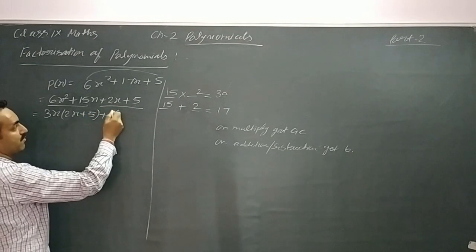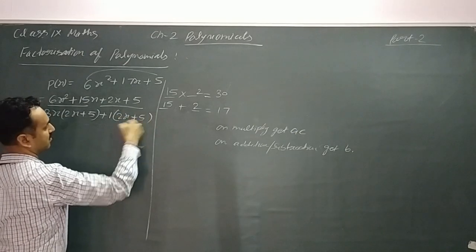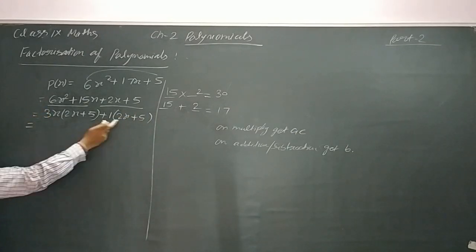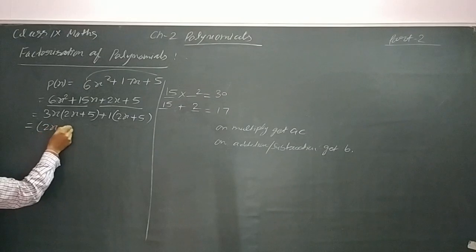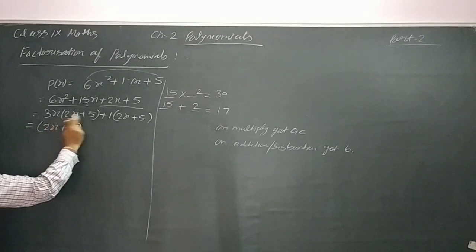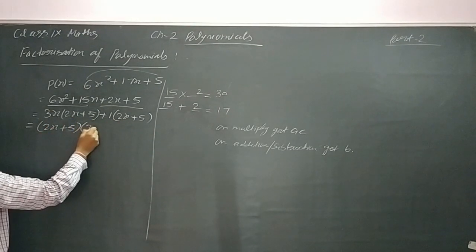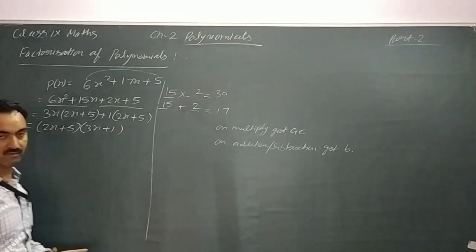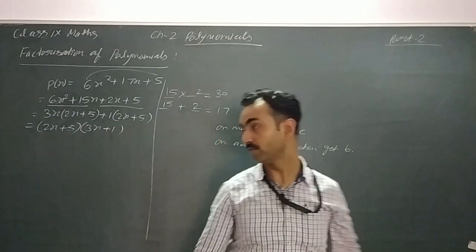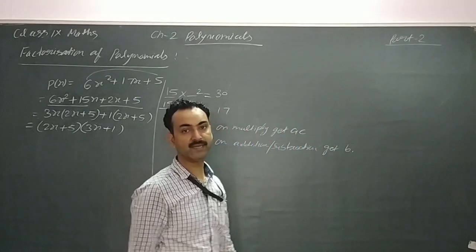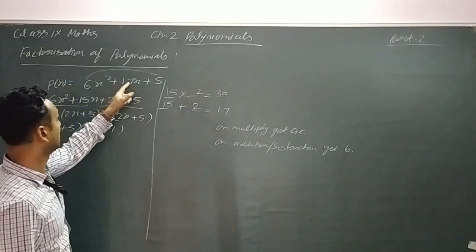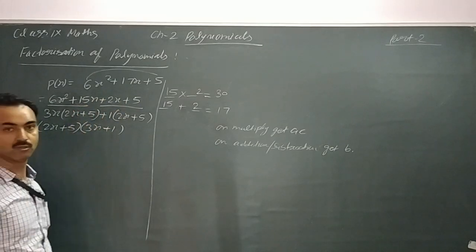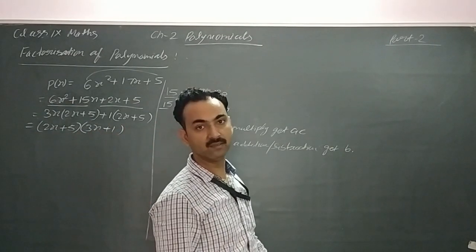Nothing, so 1 is always common. 2x plus 5 and 2x plus 5 should be the same. We take common 2x plus 5, remaining is 3x plus 1. So these are the factors, and the process is called factorization by splitting the middle term. We have split the middle term into two terms, so the name of this method is the splitting middle term method.